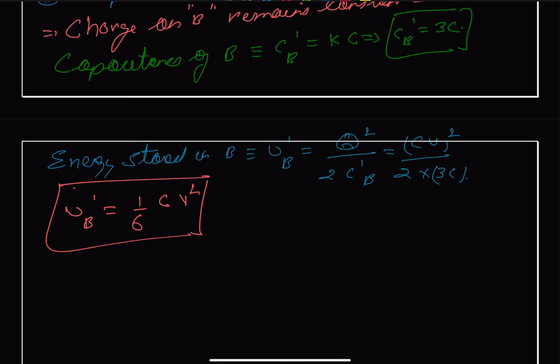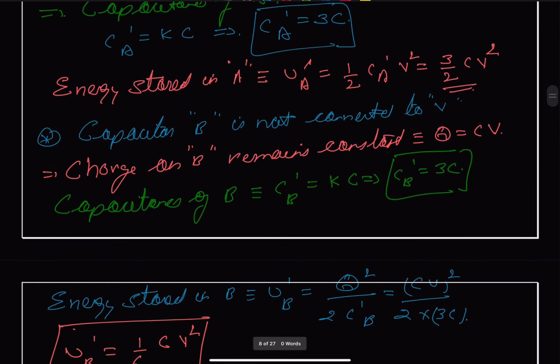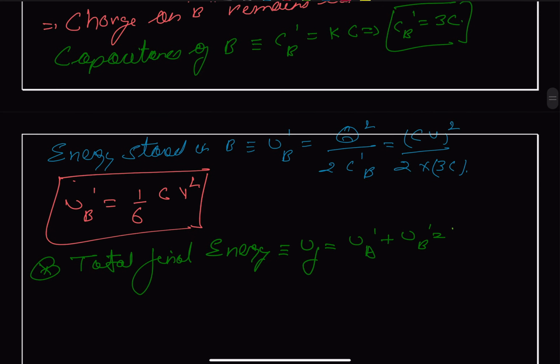So it means the total final energy, let us call that UF, will be equal to UA prime plus UB prime. UA prime we found is 3 by 2 CV square, and UB prime is 1 by 6 CV square.